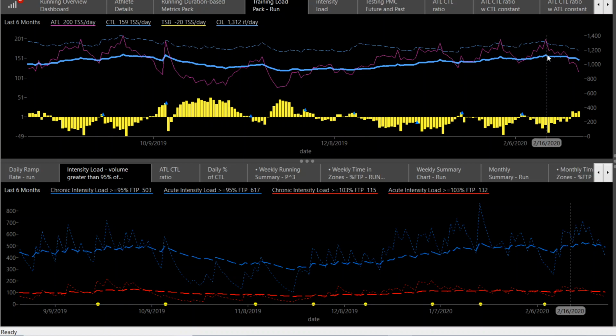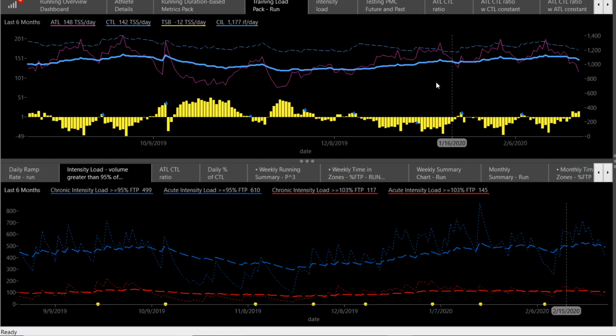There are a number of different ways to ascertain that. Is this ramp happening simply because the person's doing a lot of easy aerobic runs of long duration, or is it high intensity interval training, or is it a mix?